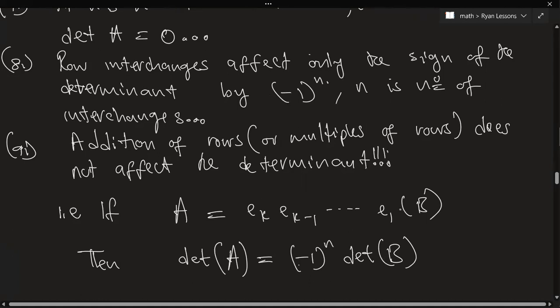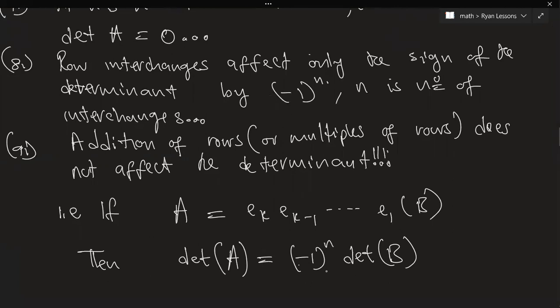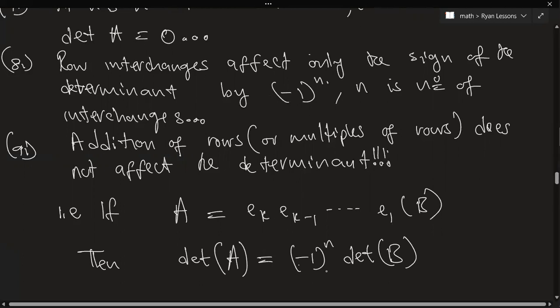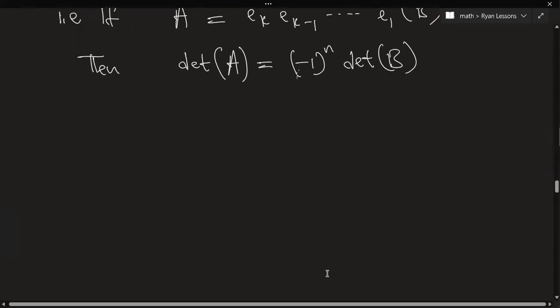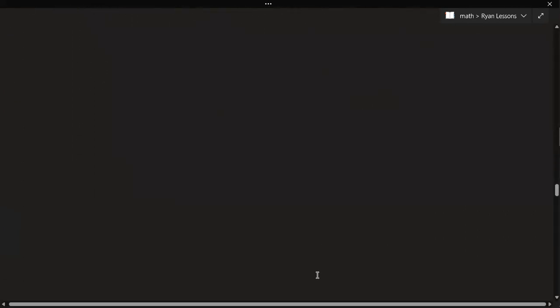But if interchanges are involved, we count how many there are, place that value as n, and then you will get the answer that you need. So these are quite important results that you have to know in linear algebra when it comes to determinants. This is all in addition that I want you to know. What we are going to do now is look at another last example, which can allow us to practice what we have learned already.